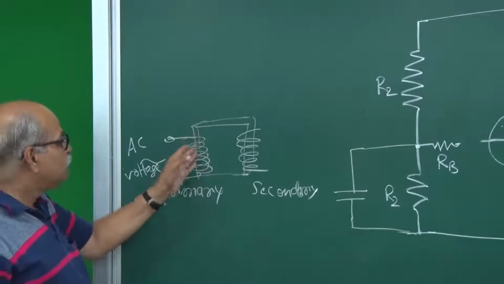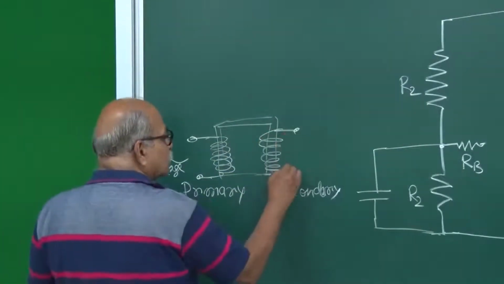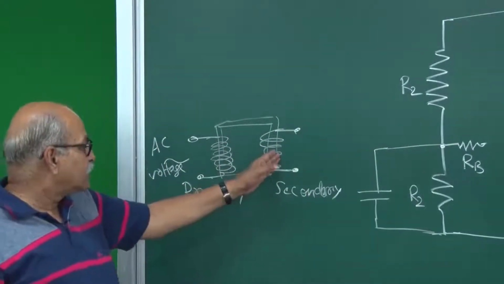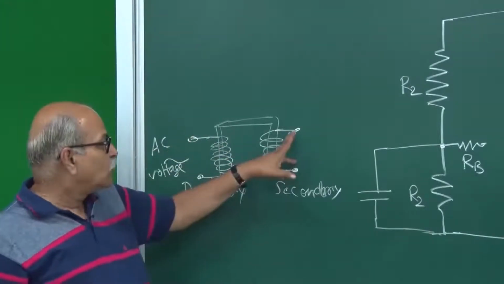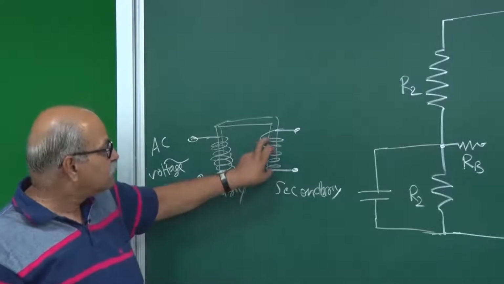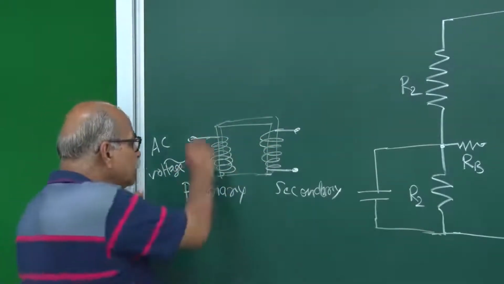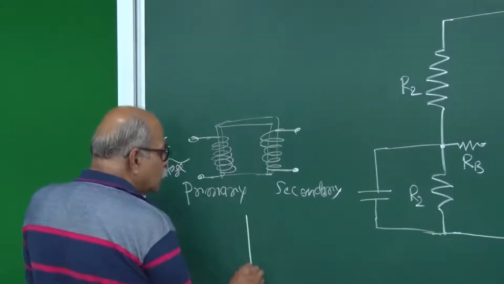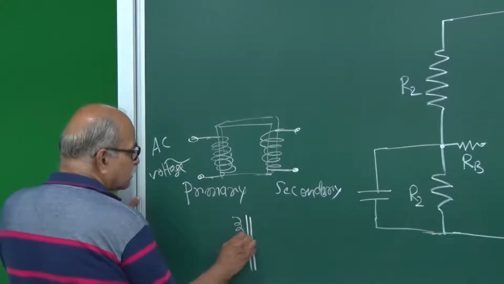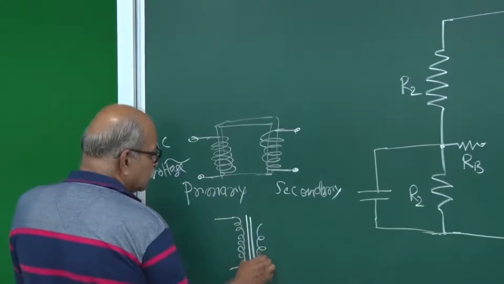Then you have all that mutual inductance, all those mathematics can be done. So you produce a voltage here, and the ratio can be determined. How much voltage is here and how much voltage is here, that is determined by the number of turns here and number of turns here. And the symbol for this is, you draw two vertical lines, and then you show the primary here and you show the secondary here.